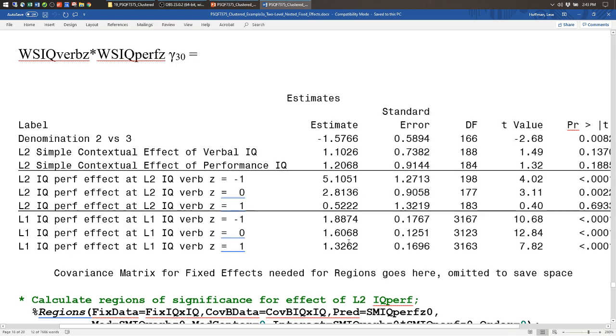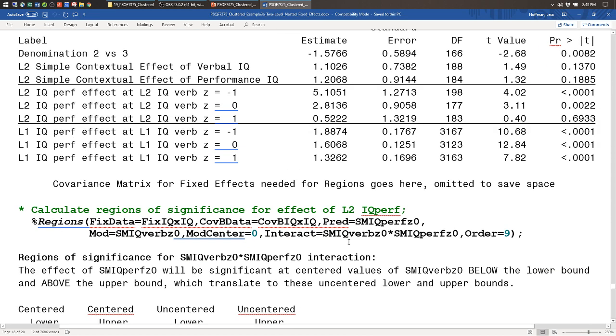So here are the simple slopes. These are examples of how the level 2 IQ performance effect changes across level 2 verbal IQ. It's positive in relatively low verbal schools, less positive as you increase, and at some point it shuts off. Shuts off meaning is non-significantly positive. So based on these 2 points, I know it happens somewhere between a z of 0 and a z of 1.